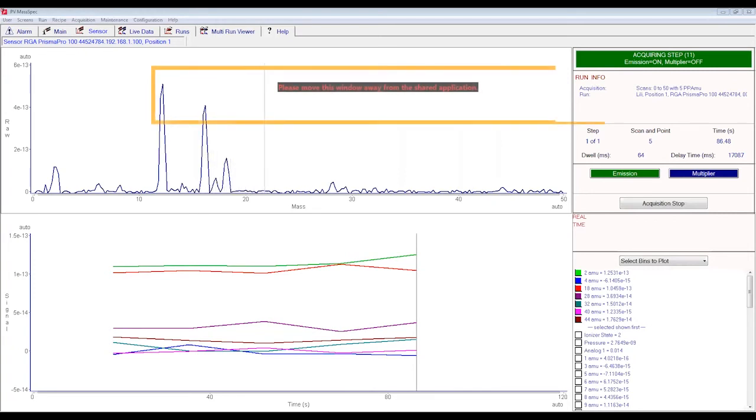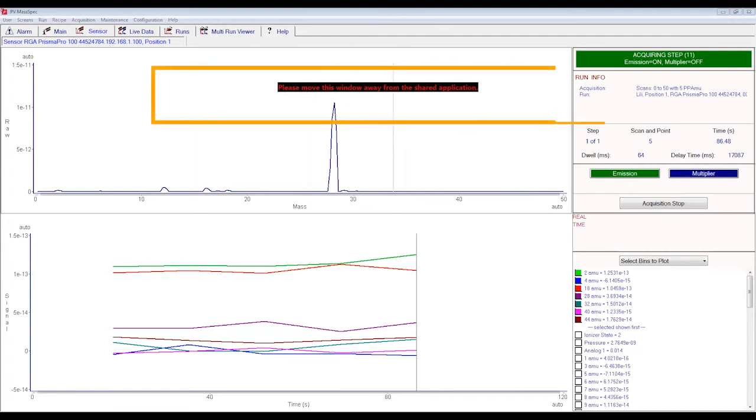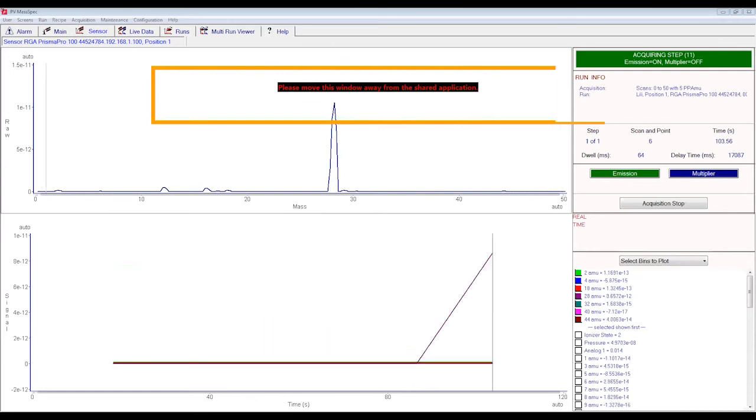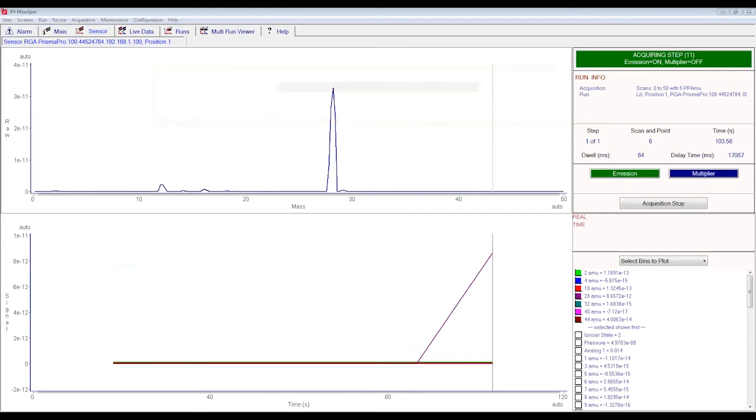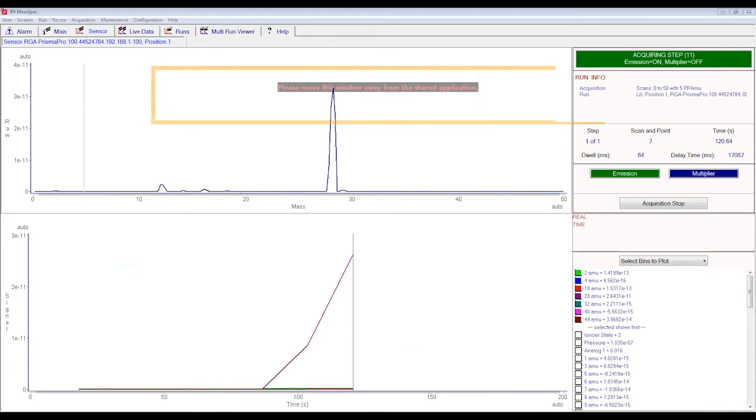If your sample is not so nicely reactive, then usually the background from the gas, in our case CO, is so high that you almost don't see any CO2. Another case could be that your stage is also quite hot, because to heat the sample you first need to heat the stage, and the stage is usually heated to an even higher temperature than your sample.